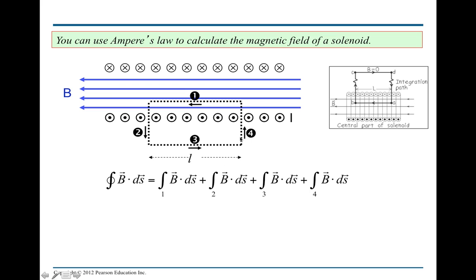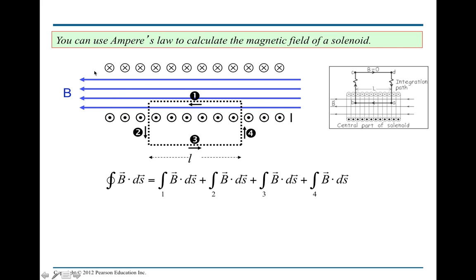And you notice that for segments number 2 and 4, remember I'm doing B dotted with dS. B is in this direction. Now I showed you in class, if the current is in, the magnetic field is this way, and if the current is out, the magnetic field again is this way.